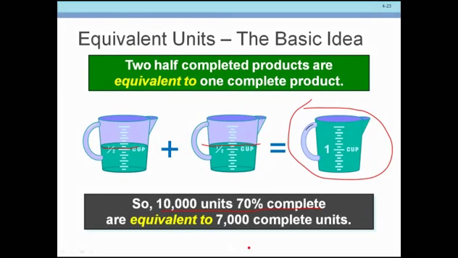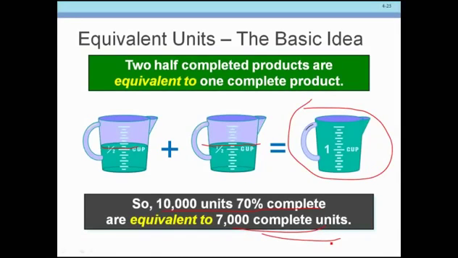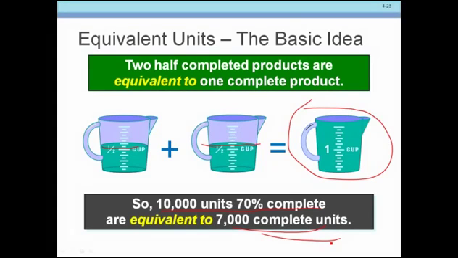The equivalent unit is 7,000 completed units. So we have 10,000 units in process, but they are 70% completed. They are not finished. So 10,000 units partially completed up to 70% are equivalent to 7,000 complete units. So we need to know how to calculate the equivalent units.